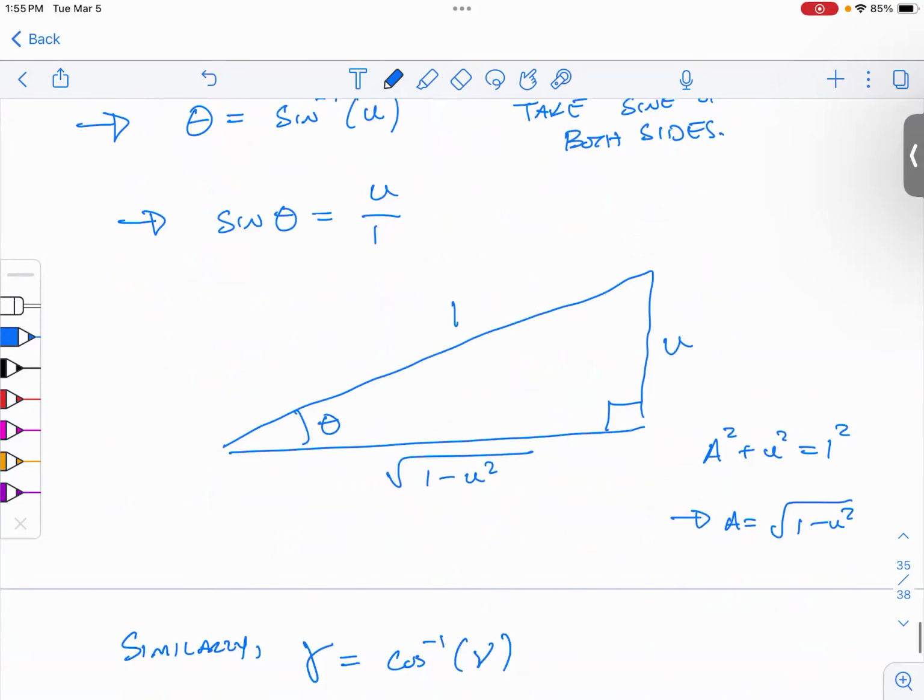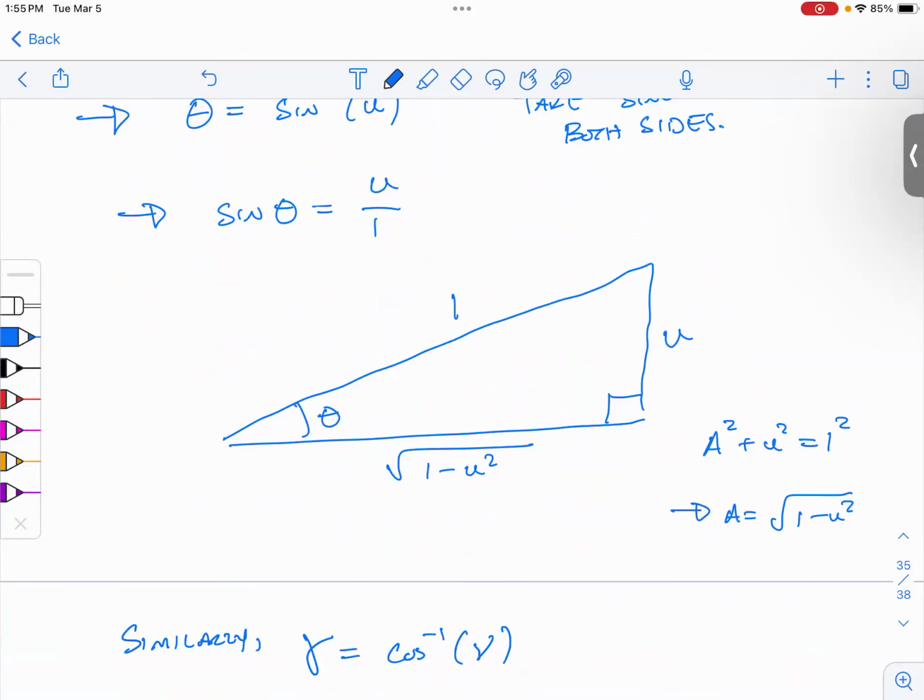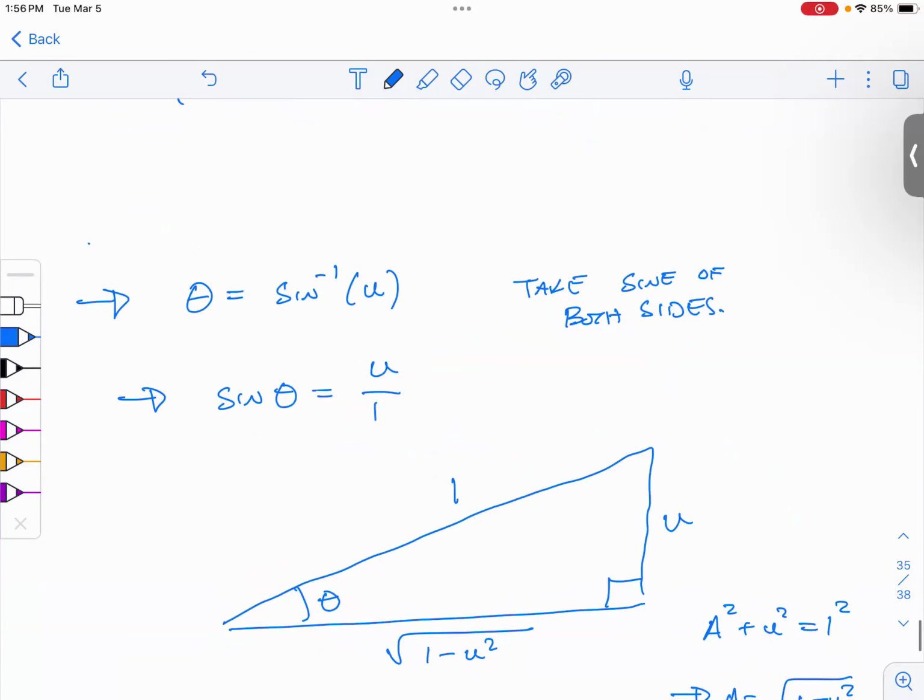And lastly, what is cosine of theta? Square root of 1 minus u squared over 1. Again, I'm just doing SOHCAHTOA, creating the triangle. That's the quote trick, but it's literally this simple. And I see people just struggle over it all the time. Inverses is something I don't know, but sine of an angle is something I do know because I can always create the triangle.